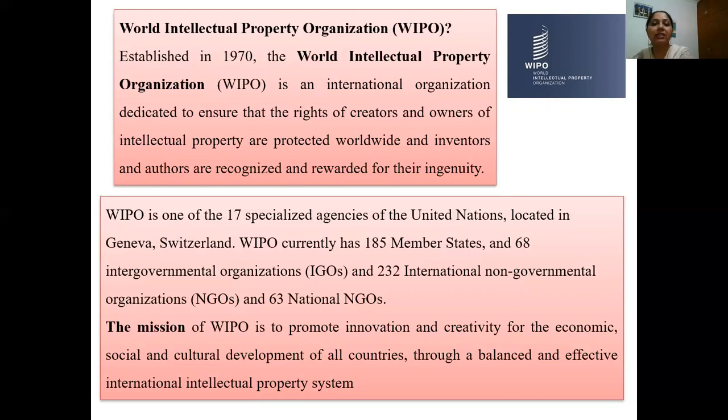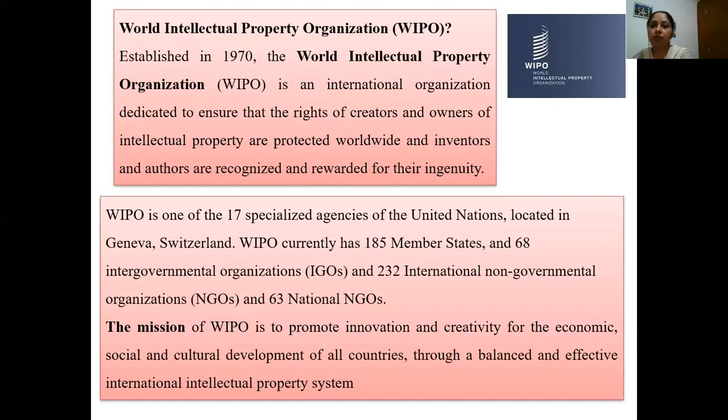WIPO is one of the 17 specialized agencies of the United Nations located in Geneva, Switzerland. It has 185 member states, 68 intergovernmental organizations, 232 international NGOs, and 63 national NGOs working.